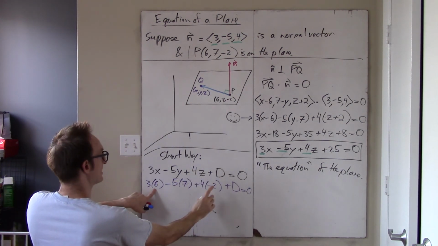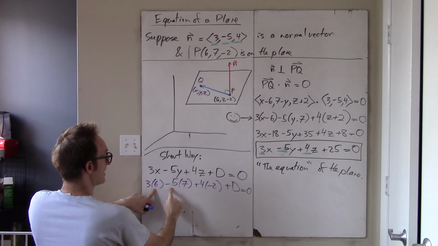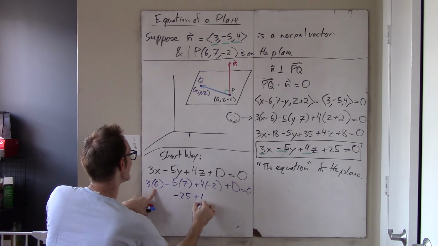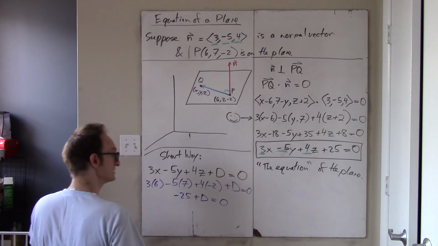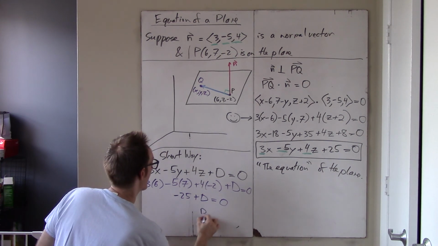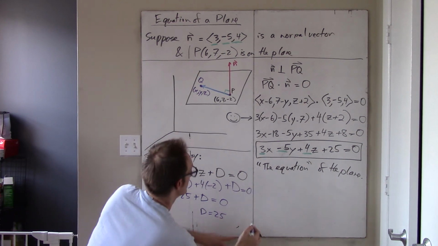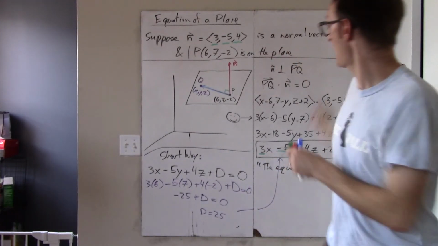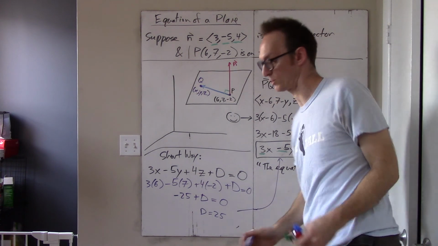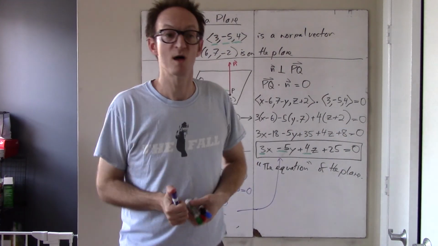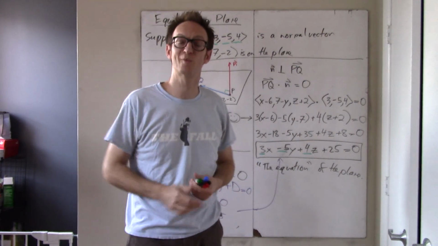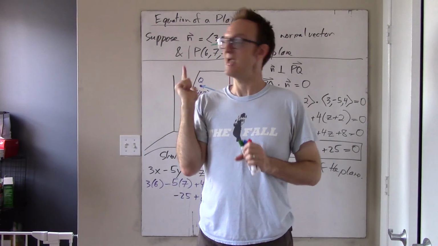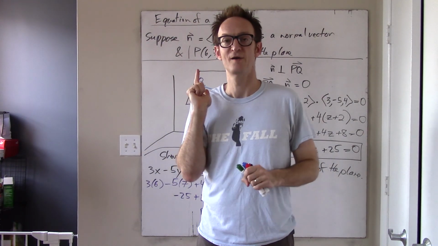So you get 10 minus 35 is negative 25, and so d has to be 25, and therefore you would just go right there. You don't have to go through this entire logic every single time once you get it.